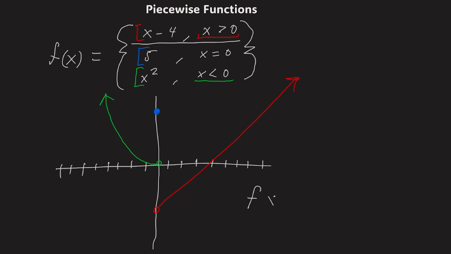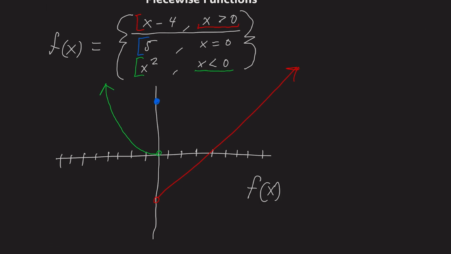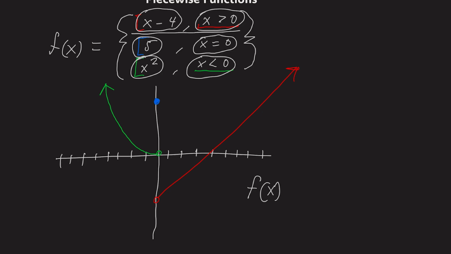We have a function f of x, and we're saying that if x is greater than 0, f of x equals this function. If x is exactly equal to 0, then f of x equals this function. And when x is less than 0, f of x is equal to this function.